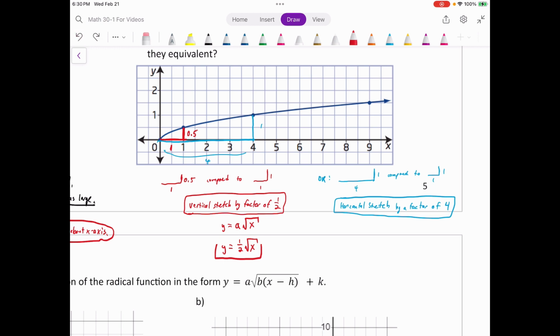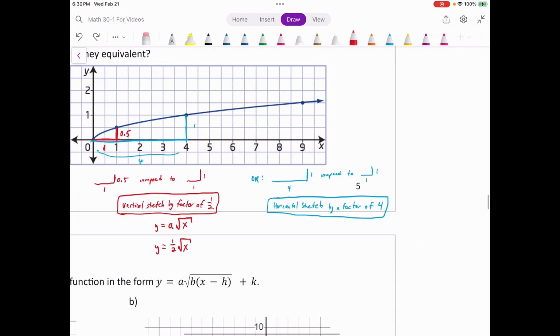Whoops, I don't know why I'm putting a box around that. It's not part of my answer, but it is something I want to think about here. Versus thinking of it as a horizontal stretch. So y equals root bx. Replace x with bx to do a horizontal stretch. Well, if the horizontal stretch is 4, then b is 1 over 4.